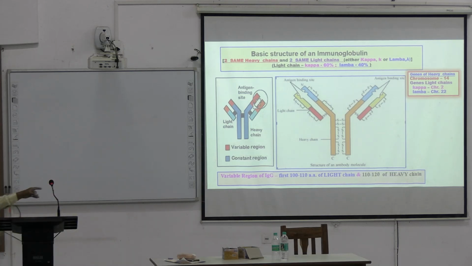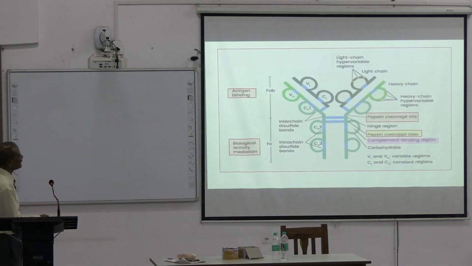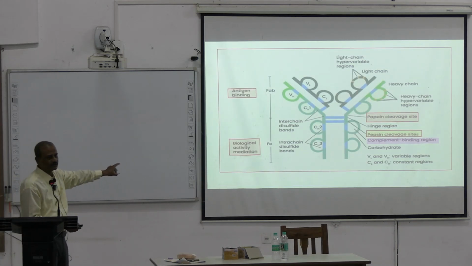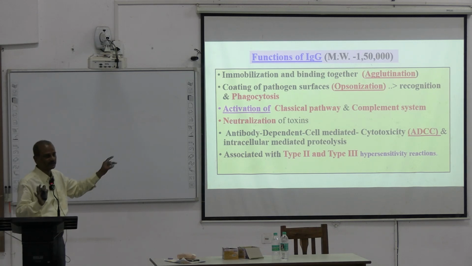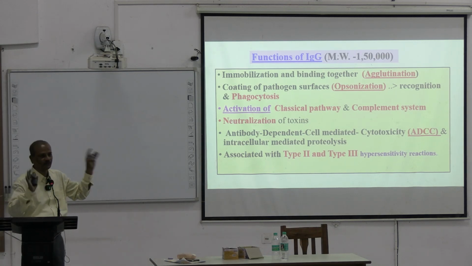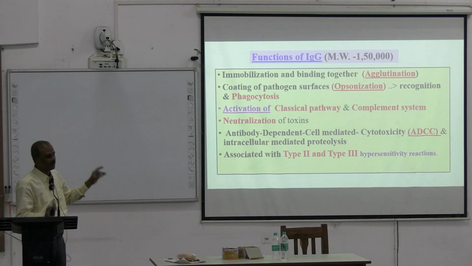Okay. So as I told you, these domains I have explained. This heavy chain, light chain, the functions of IgG, you at least remember the first is agglutination or neutralization of the toxin. Second is opsonization.